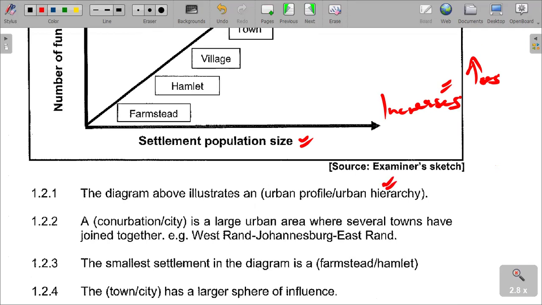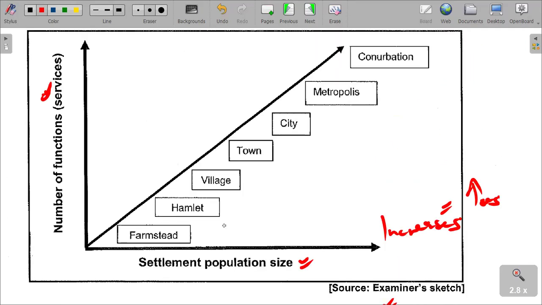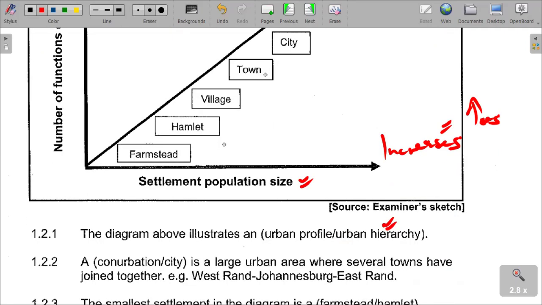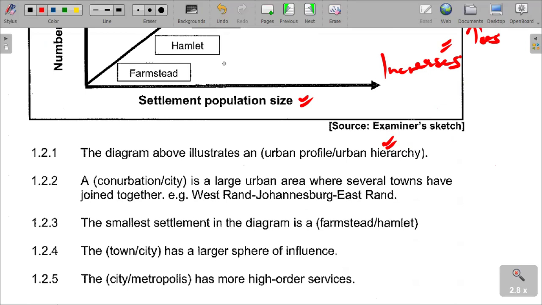Urban hierarchy is the classification, the grading of settlements from the smallest to the highest. You see the conurbation, the highest form of settlement that we can find. Then we talk about the metropolis, the city and the town, down to the farmstead. So it illustrates urban hierarchy.